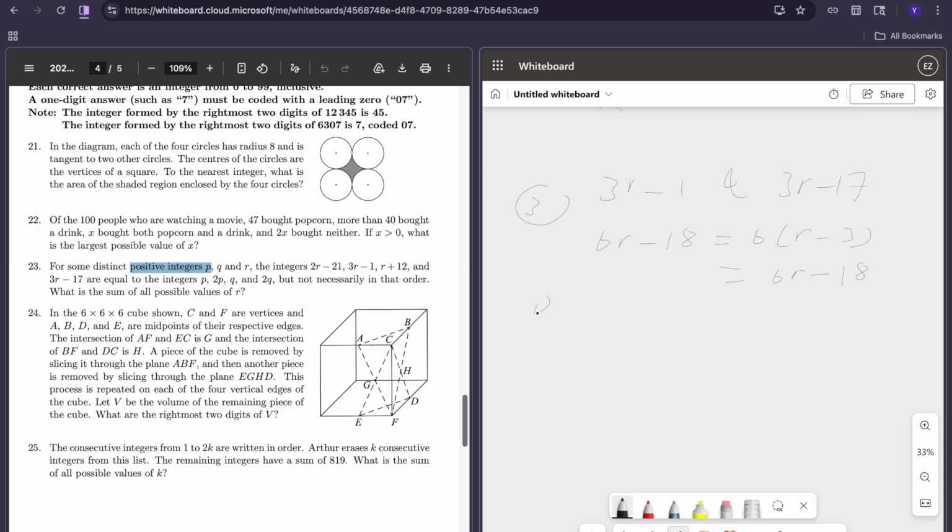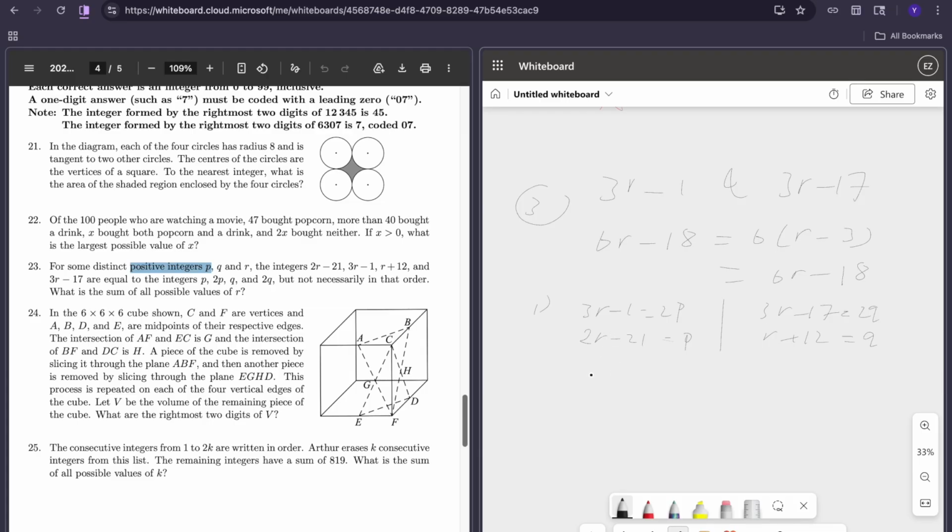So small case 1, so 3r minus 1 equals 2p, and 2r minus 21 equals p. And then we say 3r minus 17 equals 2q, r plus 12 equals q.